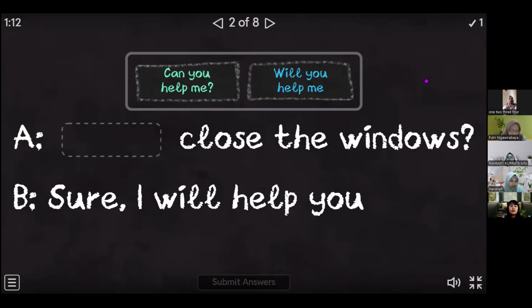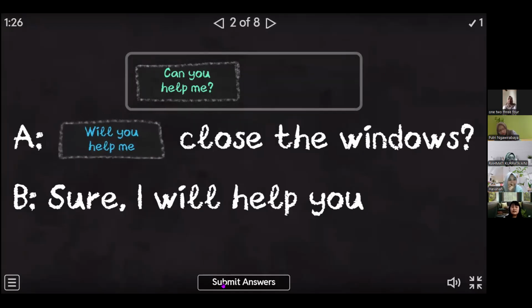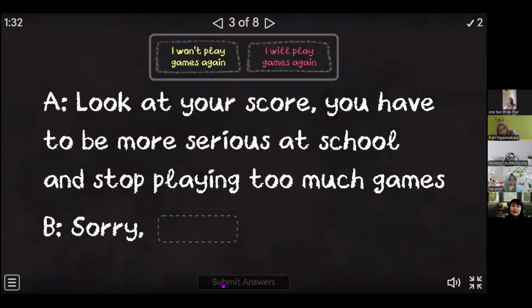B: Here I will help you. Will you help me, Miss? Is it correct, Miss? Yes, you are correct. Okay, let's check together.